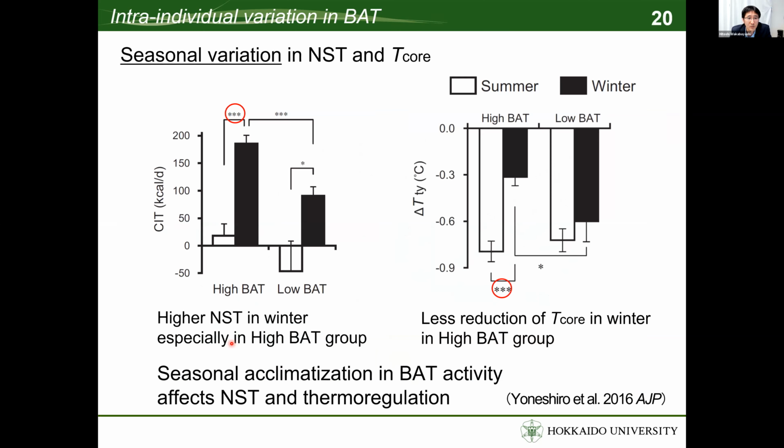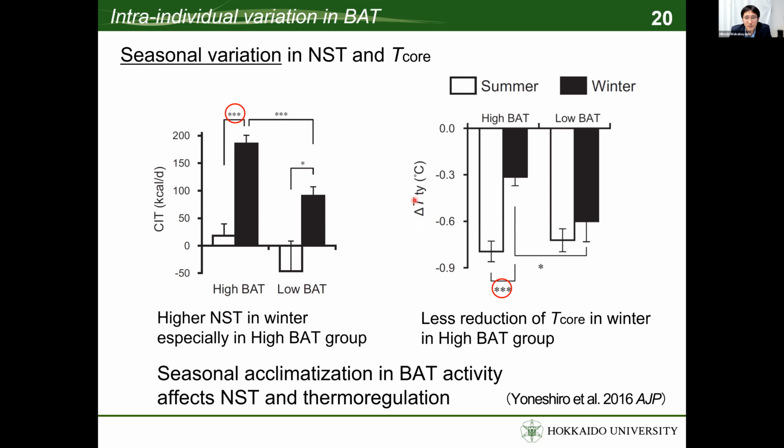And Yoneshiro and colleagues investigated the seasonal variation in non-shivering thermogenesis and body temperature regulation. The left figure shows the cold-induced thermogenesis in high BAT and low BAT group in summer and winter. And especially the high BAT group showed higher non-shivering thermogenesis in winter compared to summer.